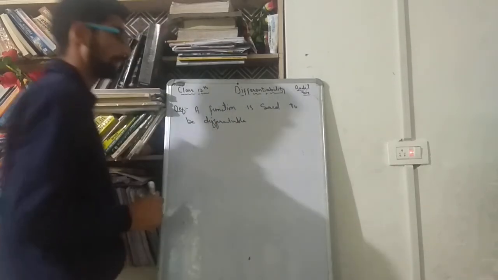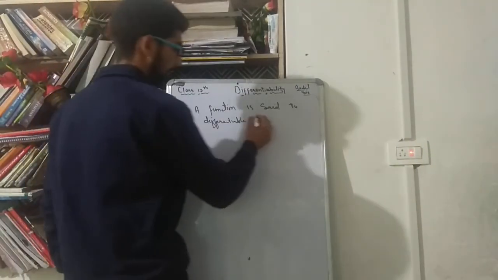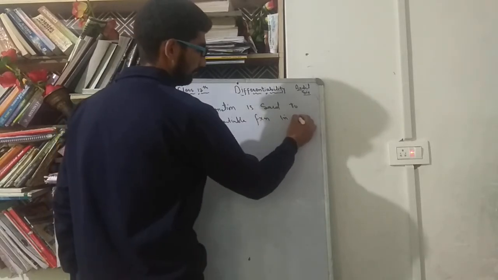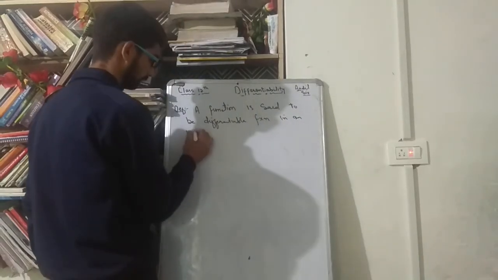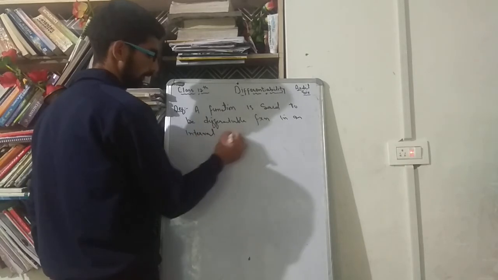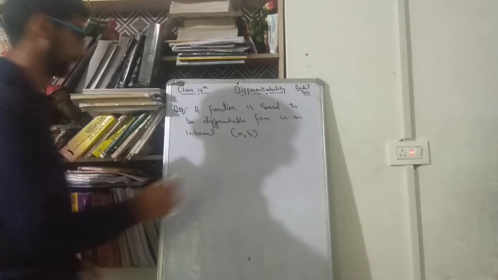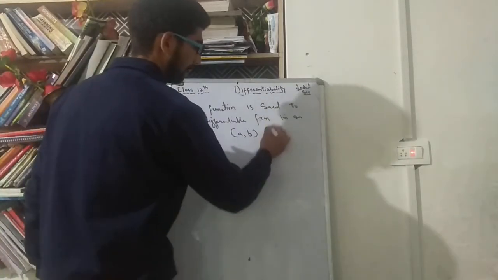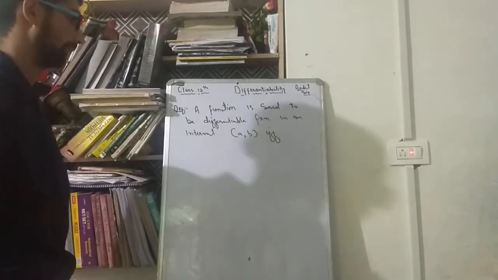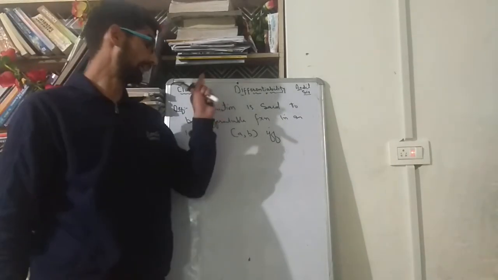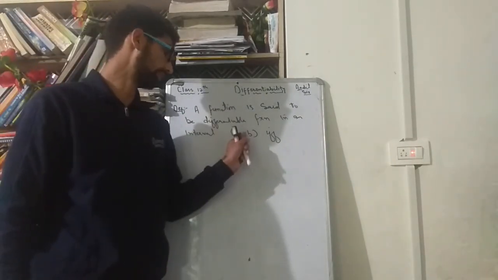A function is said to be a differentiable function in an interval (a, b), open interval, if and only if the function is differentiable at every point in this interval.